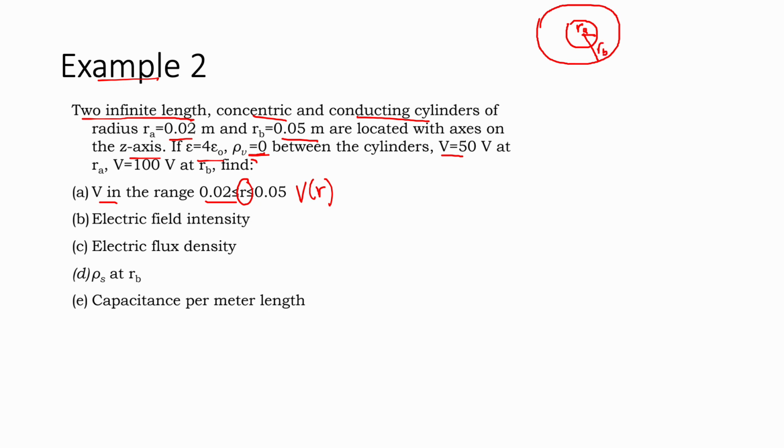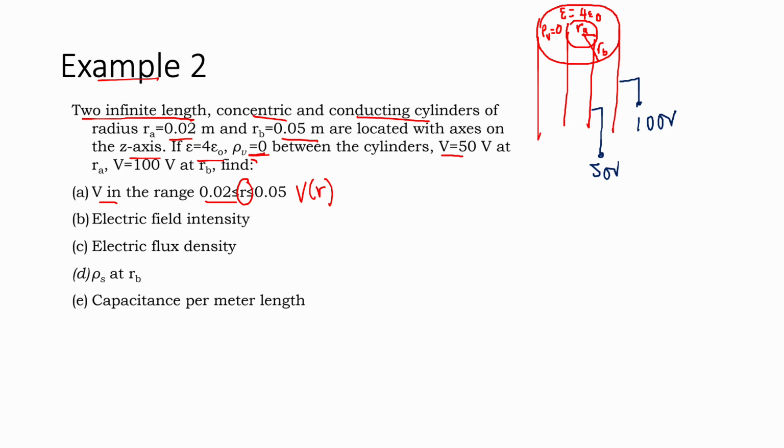Inside the first cylinder, rho v is equal to 0, and epsilon is equal to 4 epsilon naught. Then the cylinder at RA is given as 50 volts. The RB cylinder is given as 100 volts. So we need to find the potential.